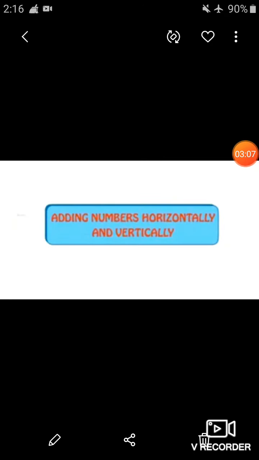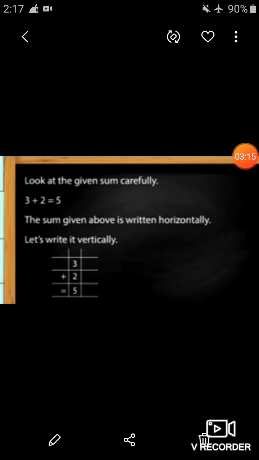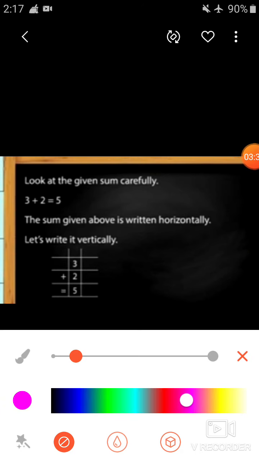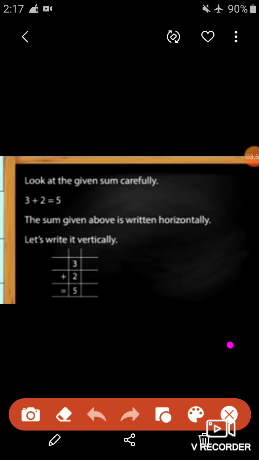Now students, we study about adding numbers horizontally and vertically. So students, look at the given sum carefully. 3 plus 2 equals 5. So students, this is addition.